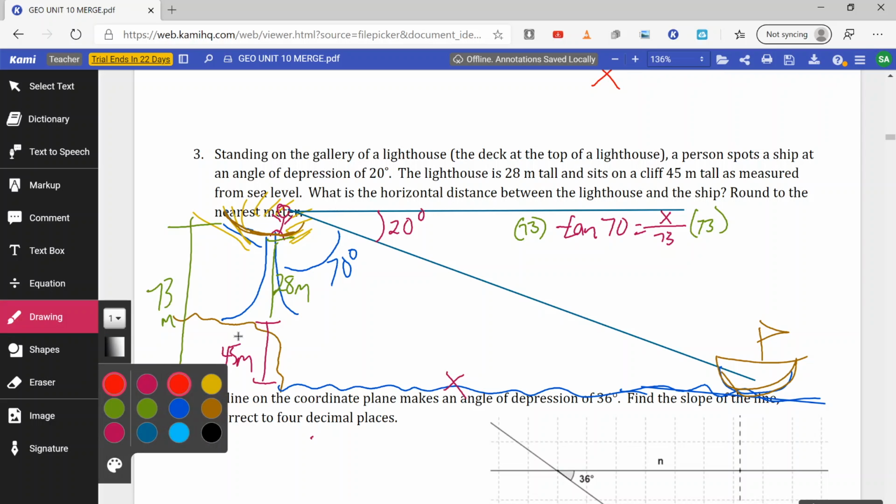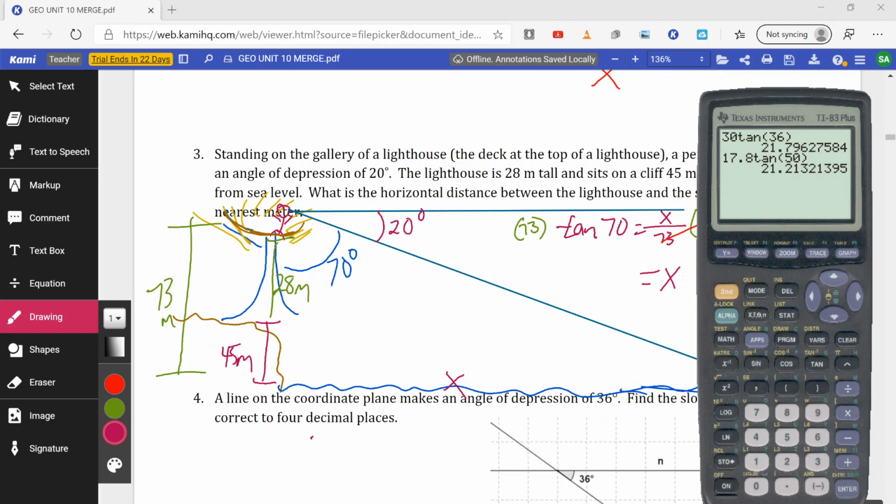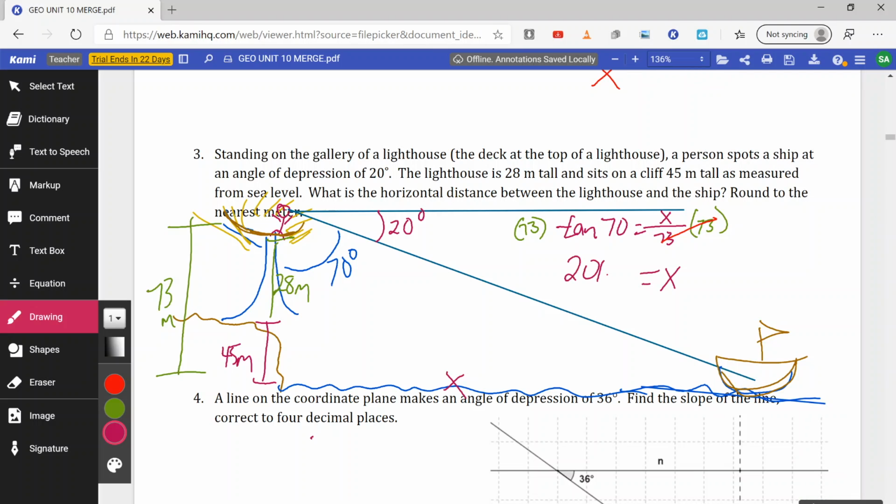This will cancel out, giving us just x equals 73 times the tangent of 70. And we get 200.5, we round up to 201. So in this case, the boat is 201 meters away from the lighthouse.